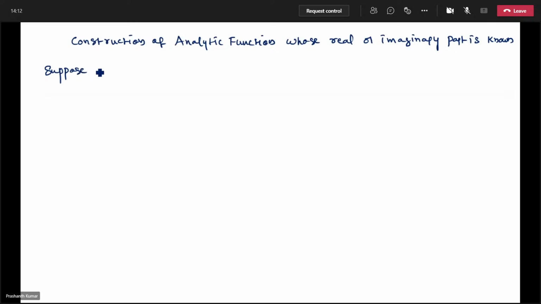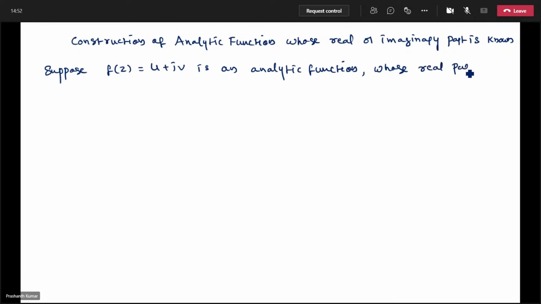Suppose we consider the function f of z is equal to u plus iv, where the real part u is known. So we want to construct it.